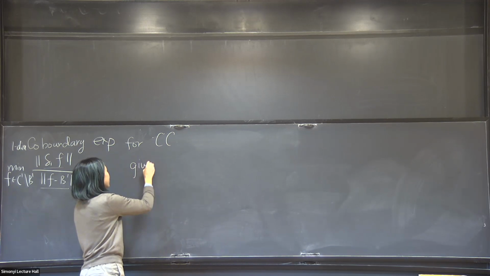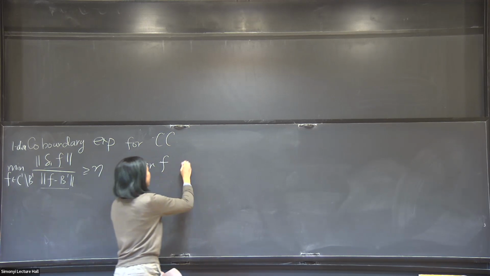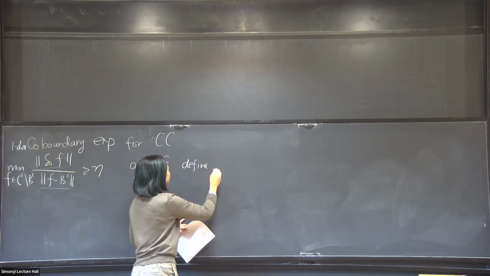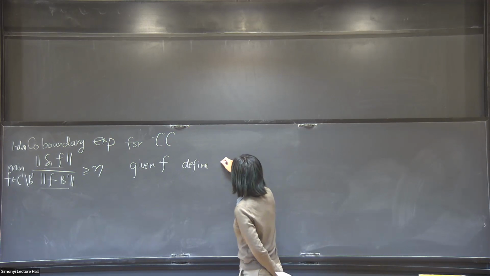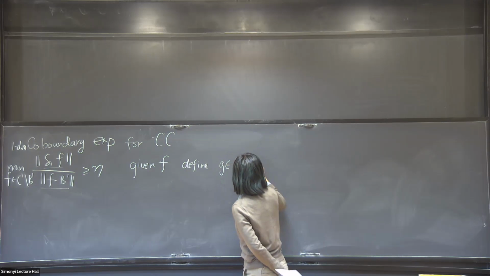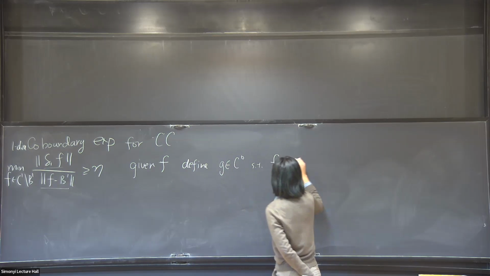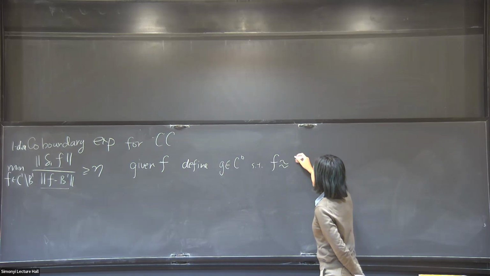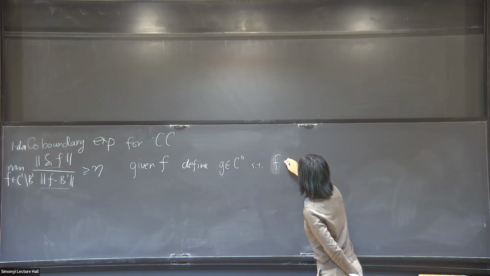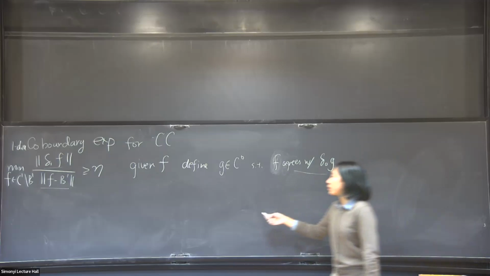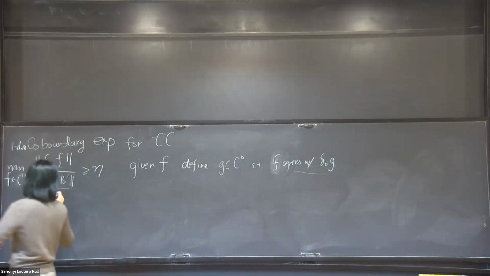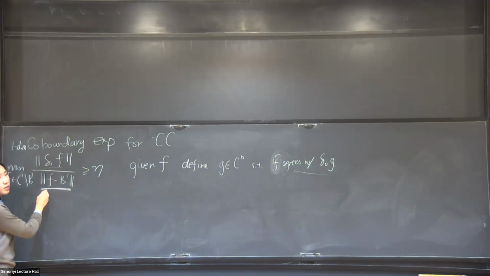Once we're given f, we want to define a decoding, a g inside C0, such that f agrees with delta 0 of g as much as we can. We'll use delta 0 of g as an approximation for the distance from f to B1.